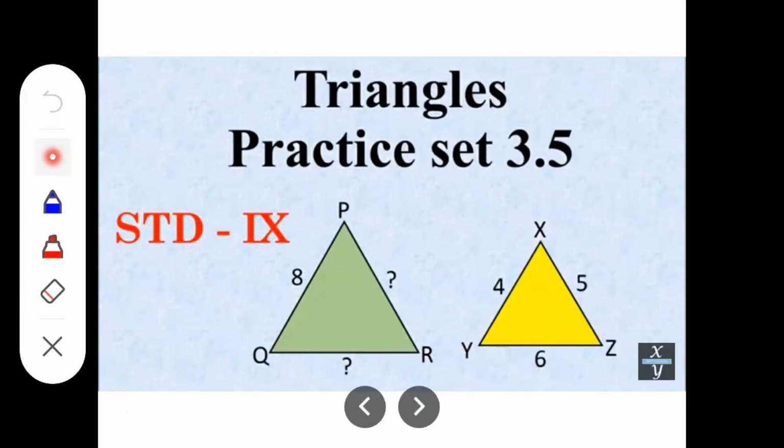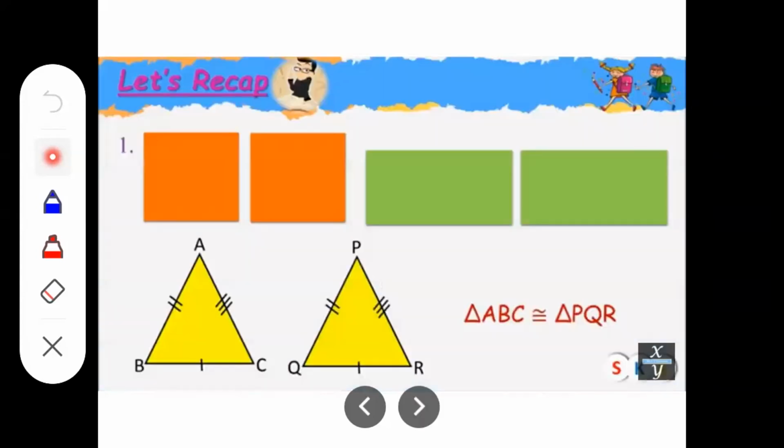So here, practice set 3.5. To solve the examples, let's do a recap. Whatever basics we will need here, we will revise within a little time. Practice set 3.5 is based on the concept of similarity of triangles.